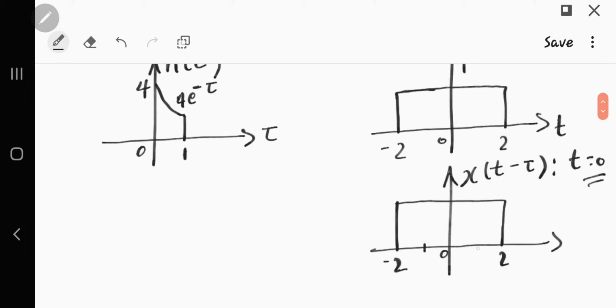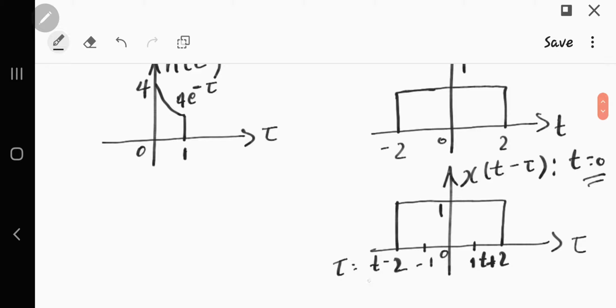So this is the origin, and minus 1, plus 1. So this is tau, amplitude is 1. But since it is t minus tau, here tau will be equal to t minus 2, and here tau will be equal to t plus 2.